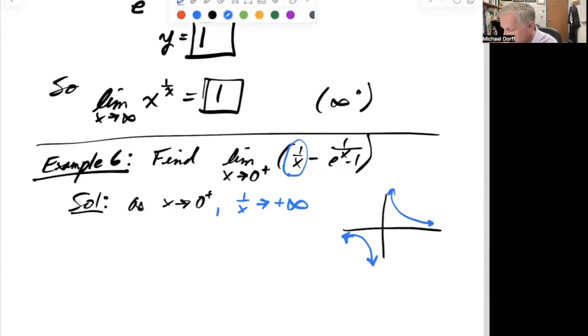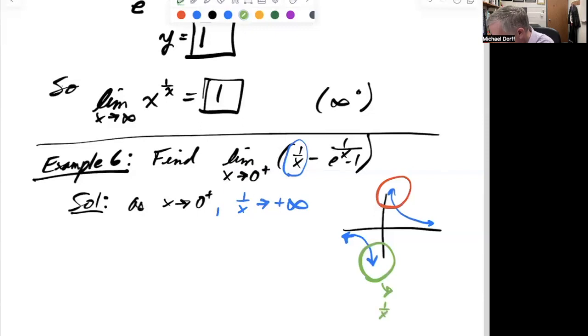If we did the limit as x approaches 0 of 1 over x, the limit doesn't exist because one of the sides goes to infinity and one goes to negative infinity.